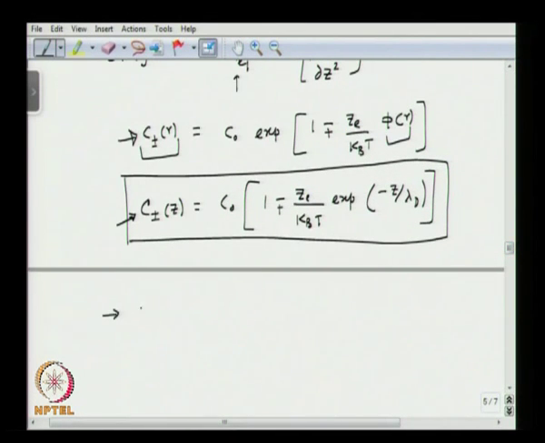What we see here is co-ions are suppressed near the surface. If you look at the sign here and there, you can predict this.